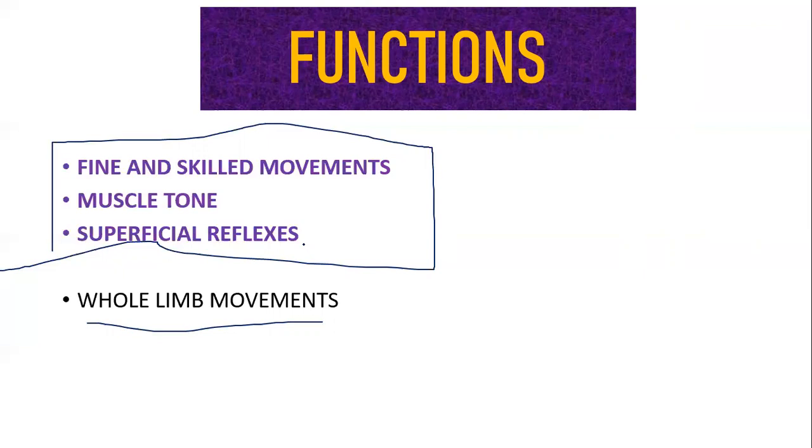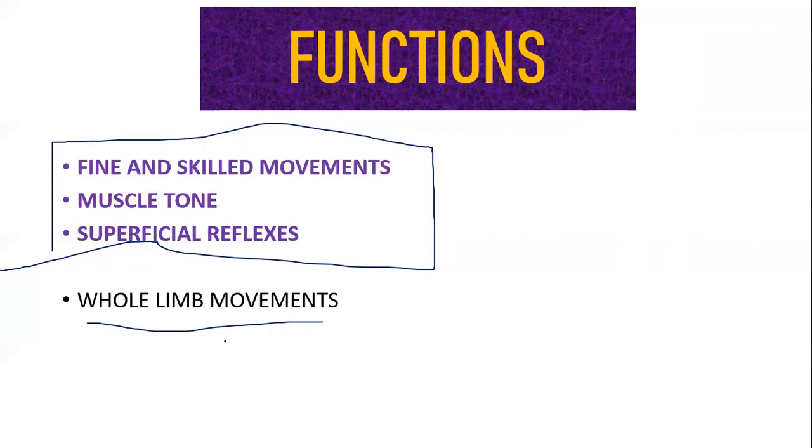You will be taught in practicals also. All these are taken care of by your lateral corticospinal tract. Main ones are fine and skilled movements, muscle tone, superficial reflexes, and whole limb movements are taken care of by your ventral corticospinal tract. So these are the functions that you must know.